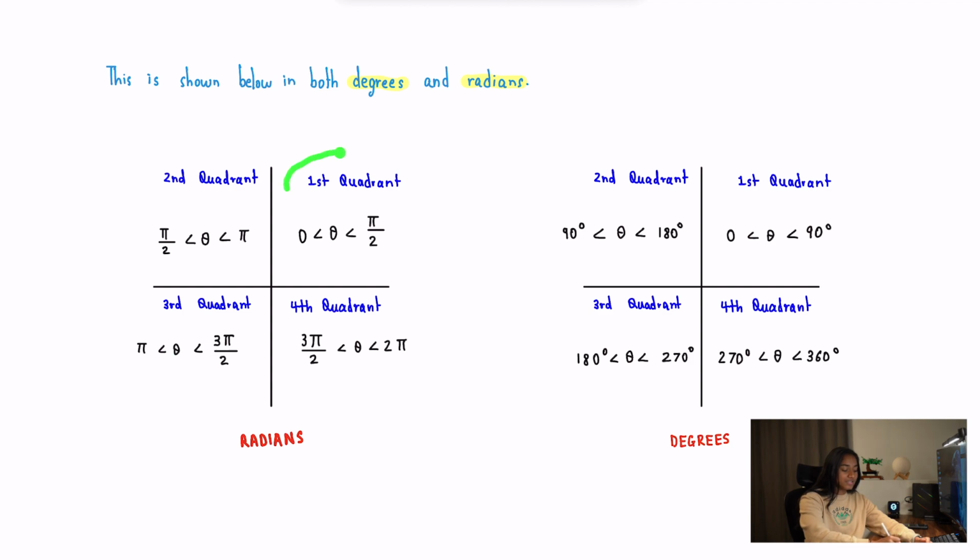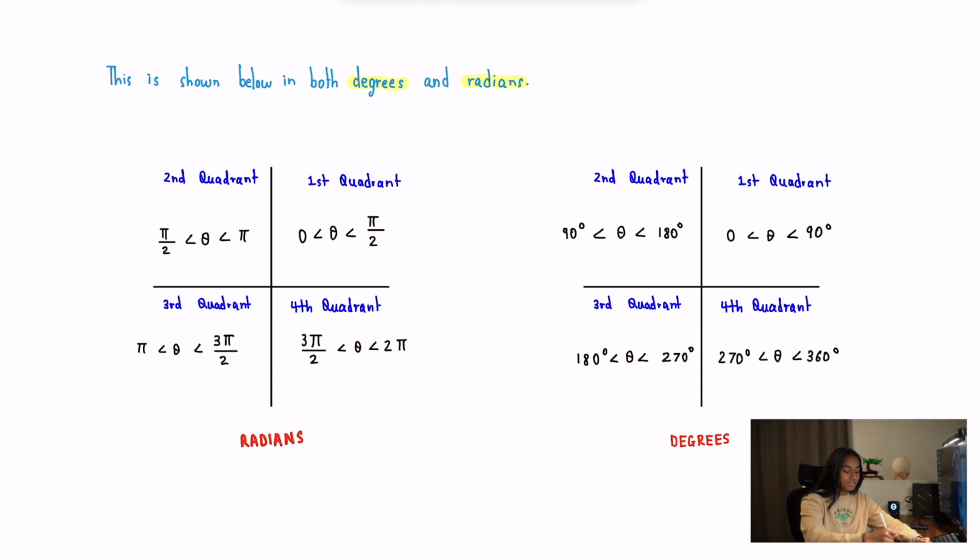So we can see that in the first quadrant, theta is between 0 and pi over 2 radians. In the second quadrant, theta is between pi over 2 and pi radians, and so on and so forth.